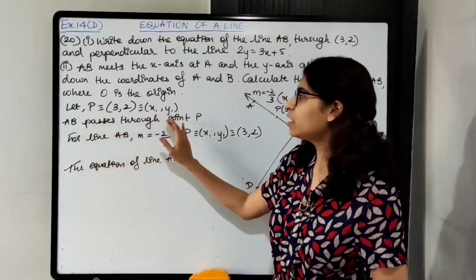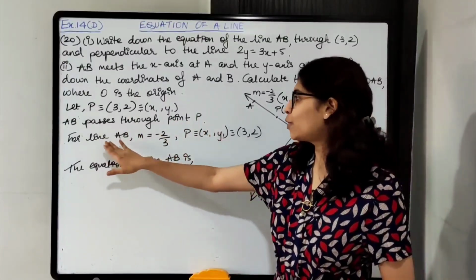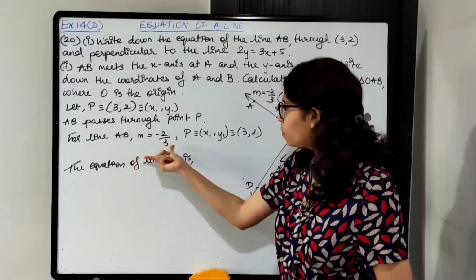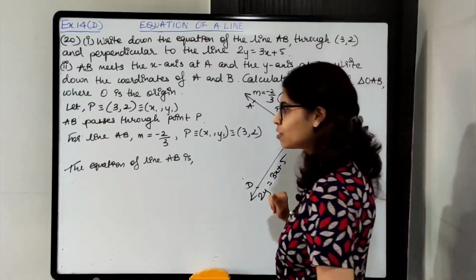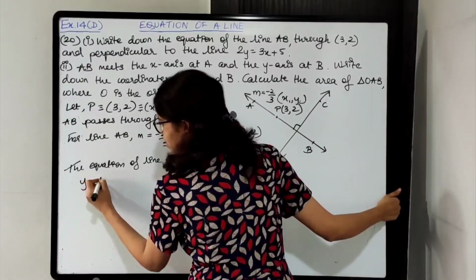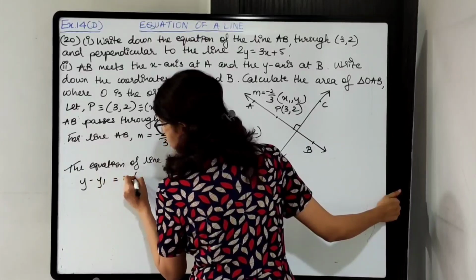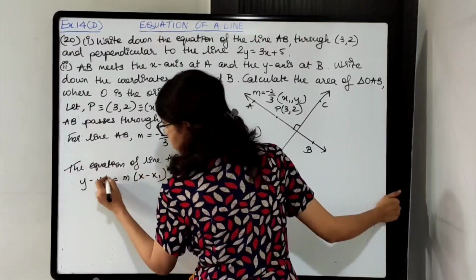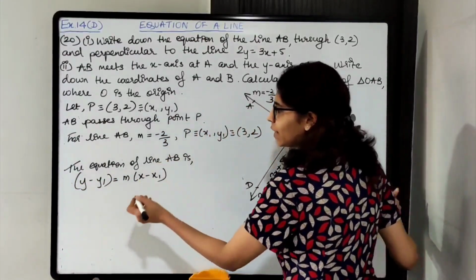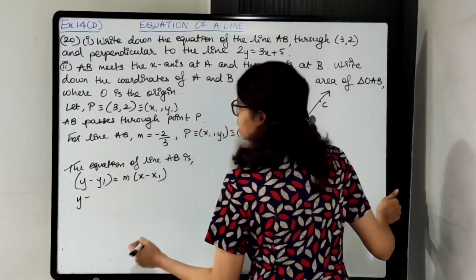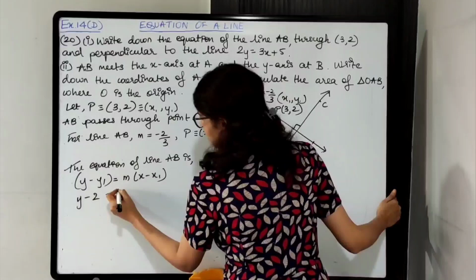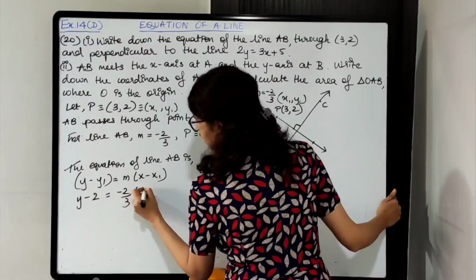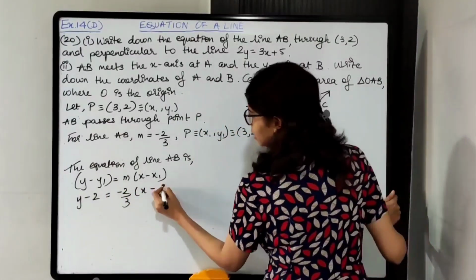Now AB is passing through point P, so for AB we know the slope, we know P, x1, y1, so we can easily find the equation. It will be y minus y1 is equal to m into x minus x1. Put the values. y1 is 2, m is -2 by 3 and x1 is 3.